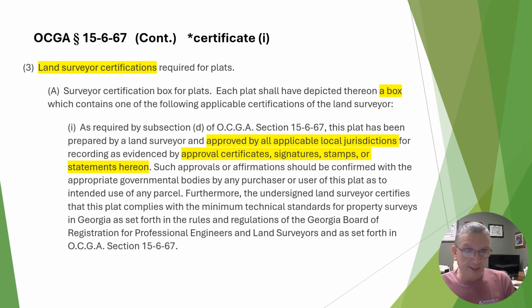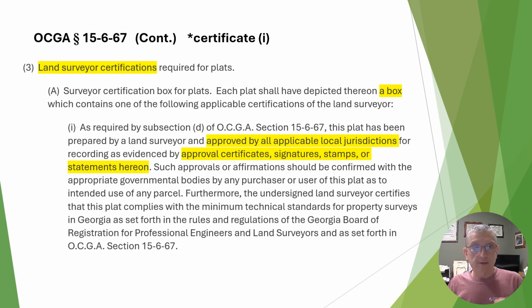Furthermore, the undersigned land surveyor certifies that this plat complies with the minimum technical standards for property surveys in Georgia as set forth in the rules and regulations of the Georgia Board of Registration. So, not only does the law say that we have to comply with the rules, the certification requires that we state that on every plat that we issue.